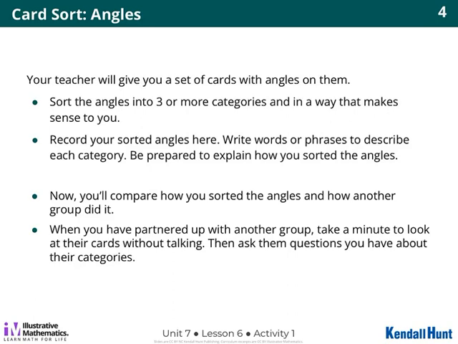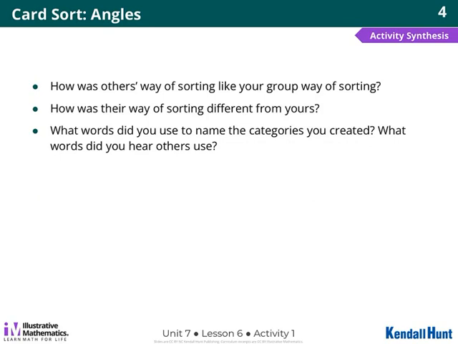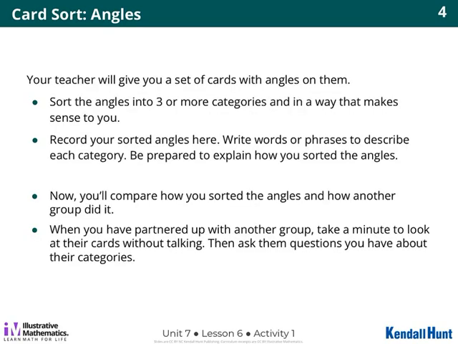When you have partnered up, it says another group, you're going to do another person. You're going to look at their cards and how they sorted them without talking. Then ask them questions you have about their categories. So you might notice that they sorted them differently. So make sure you ask them questions about that. And then we will come back and synthesize.